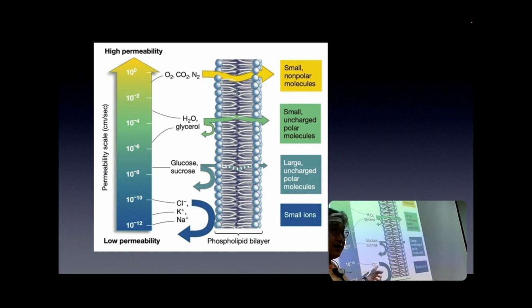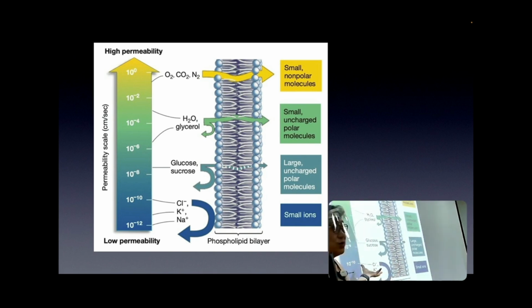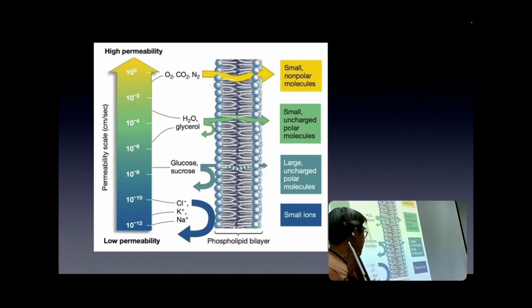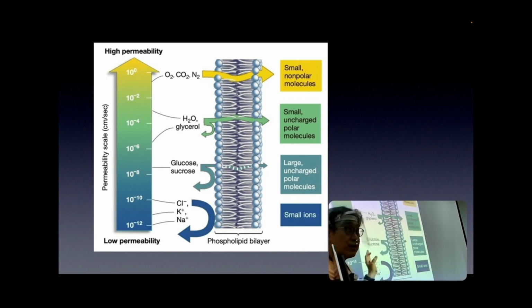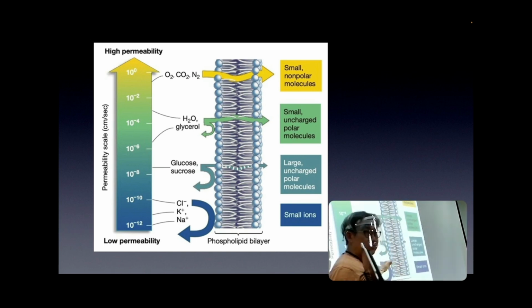They are very tiny, size-wise, but they have the most difficult time passing through. Why? Because they are charged. So these guys cannot even think of anything else. If you want to bring any ion like chloride or potassium and sodium or hydrogen, even hydrogen, you had better come up with a specialized transporter for each of them.